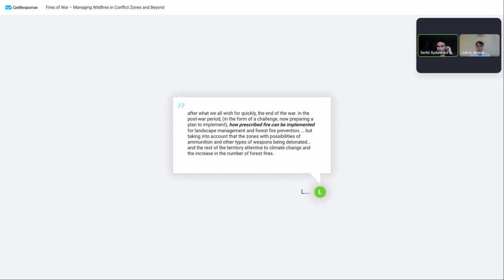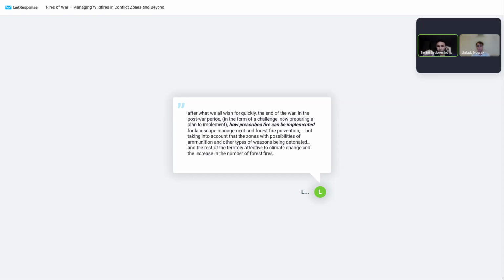So we have a map of unexploded ordnance pollution, a national map prepared by the Ukrainian Emergency Service. Also, we have a map of all local communities, and maps of fire hazard classes for different types of landscape, mostly for forested lands.